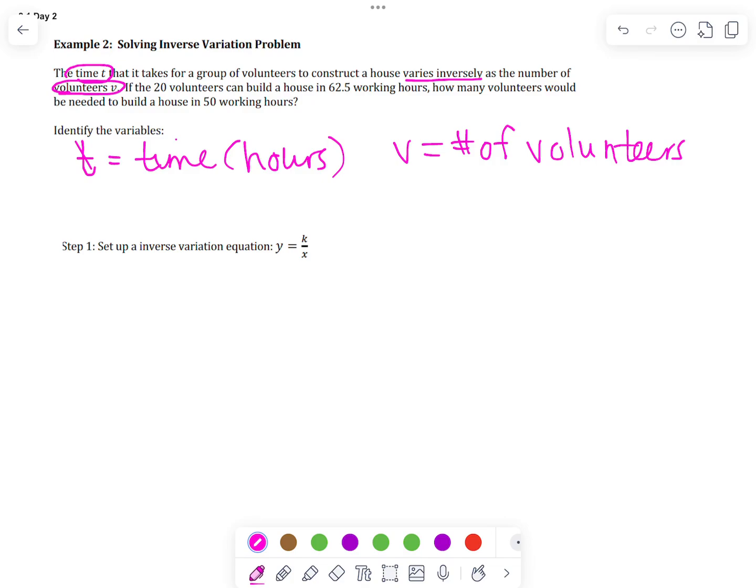Then they give us some values here. They say we're going to give you 20 volunteers to build a house, and the time will be 62.5 hours. So now let's set up our equation.